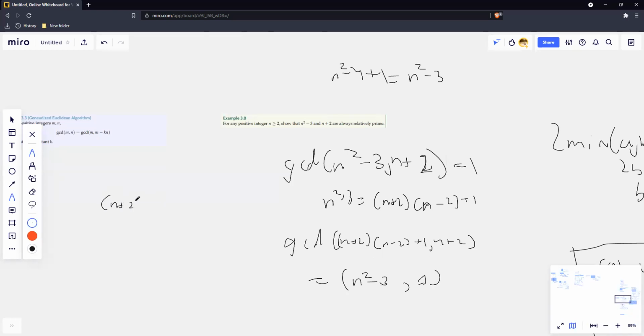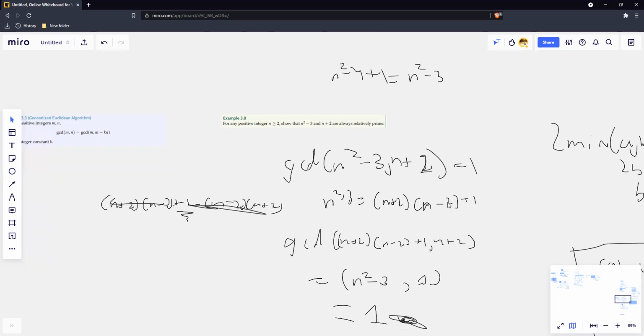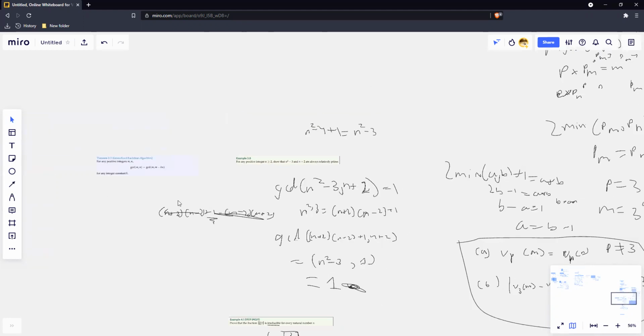N plus 2 times n minus 2 plus 1, and we let k equals n minus 2, n plus 2, and when we subtract, this is crossed out, and then we did 1 at the beginning. So right here, that means now the GCD is 1, and that's how we prove it. So our motivation here, which basically trivialized the problem, is by writing it as a difference of squares actually.